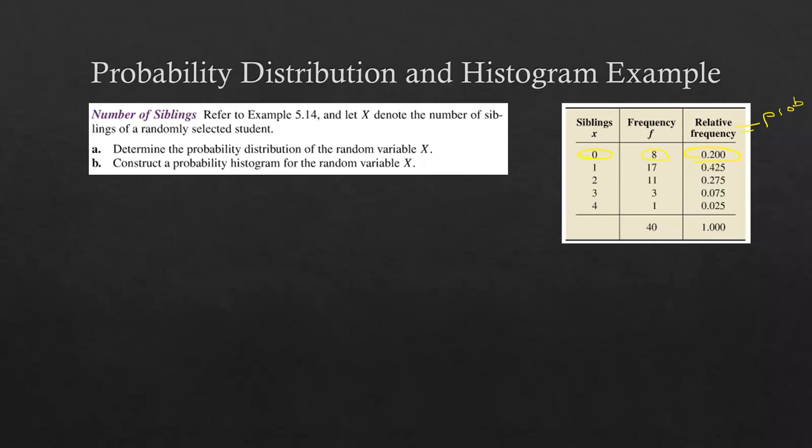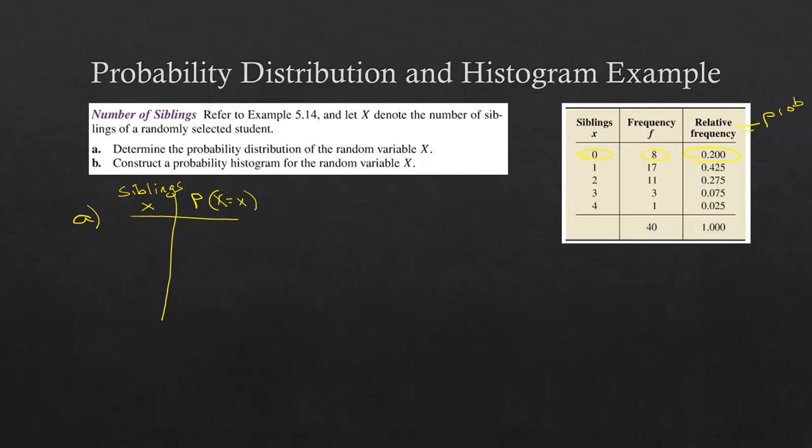So if we're going to do a probability distribution, which is what this problem is asking us to do, first of all, let's make our t-chart. X represents the siblings, and the probability distribution would be written as the probability of the random variable equaling x.